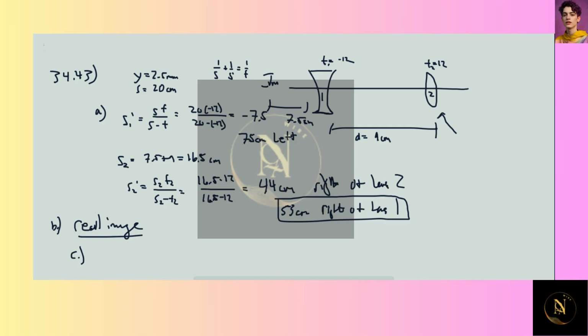But then we get a real image out after going through the second lens. Okay, so part C, last part. What is the height of the final image? Is it erect or inverted? First let's do the multi-step process again.